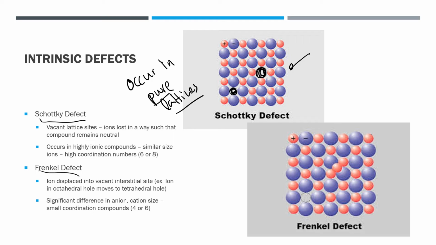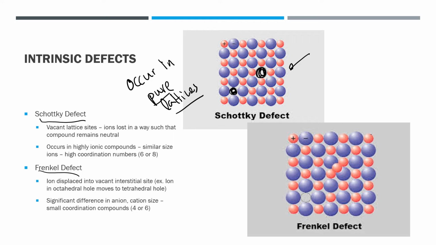So why is it occurring when there's significant differences in size between anion and cation? If the ion sizes are very different, right, there's going to be extra space in the holes of the unit cell. So these defects that are formed are going to be caused by ions moving between these holes, because there's extra space in these holes of the unit cell if the sizes are very different.